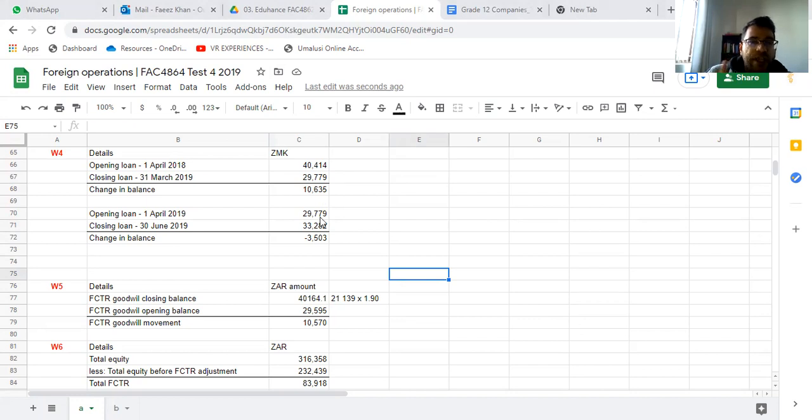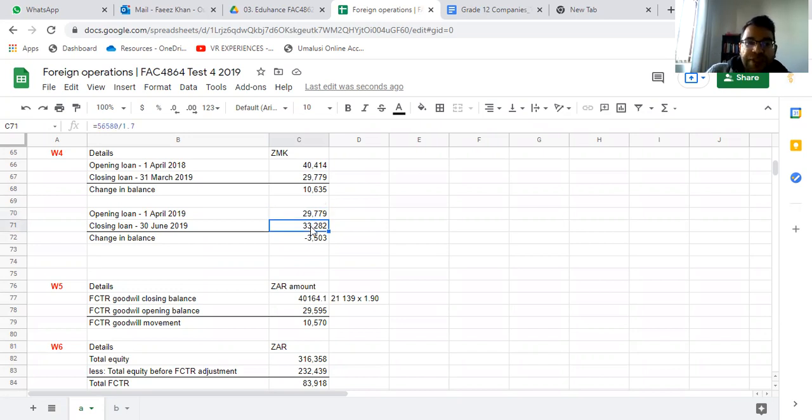So we are looking at this from the subsidiary's point of view. Okay, we're looking at the impact on the subsidiary's equity. If they had to pay us at 1 April 2019, it would have cost them 29,000 ZMK.